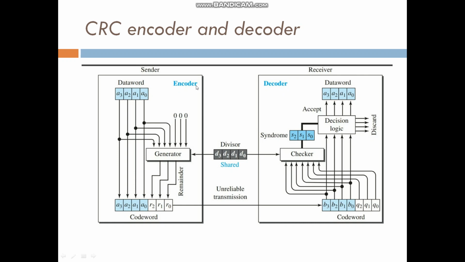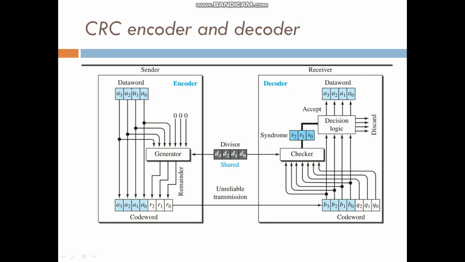Normally, the encoder encodes our data with some other codes, and the decoder decodes these codes to get the data separately from the bits added by the encoder.